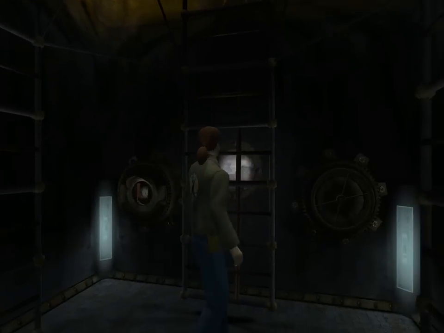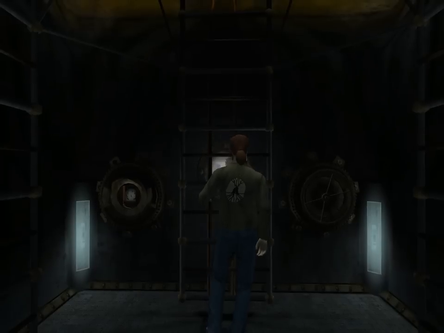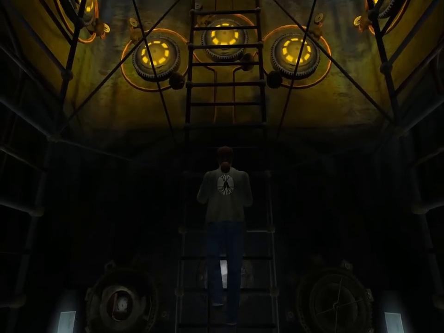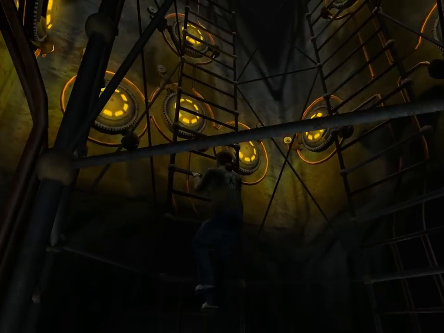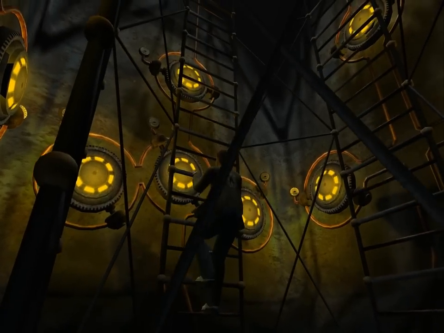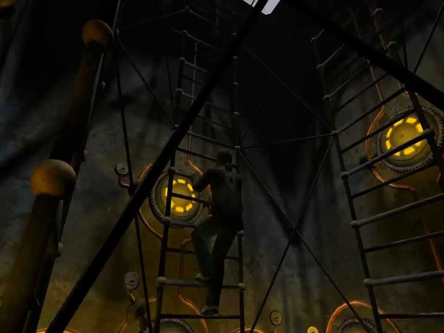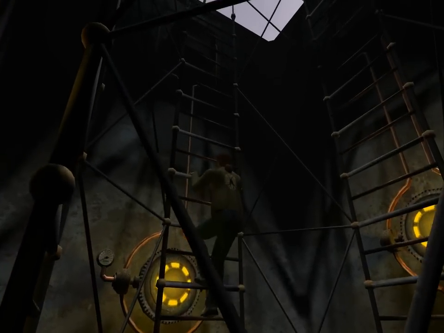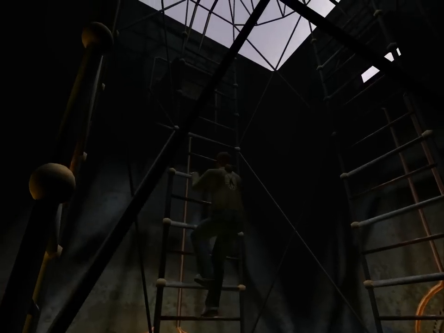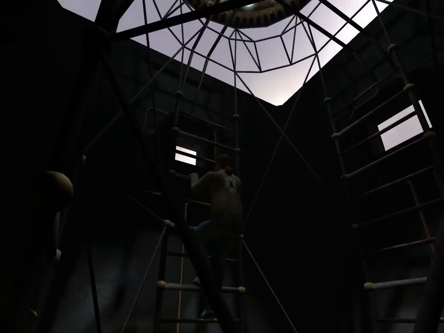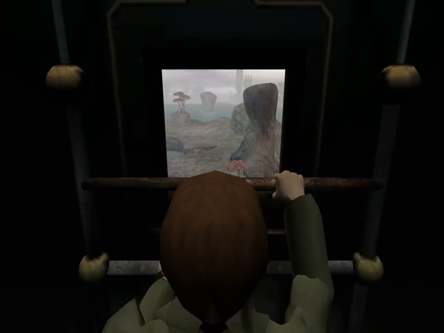Let's check one of the other ladders. Well, that's part of Ahnonay. Looks like these are just viewing spots.